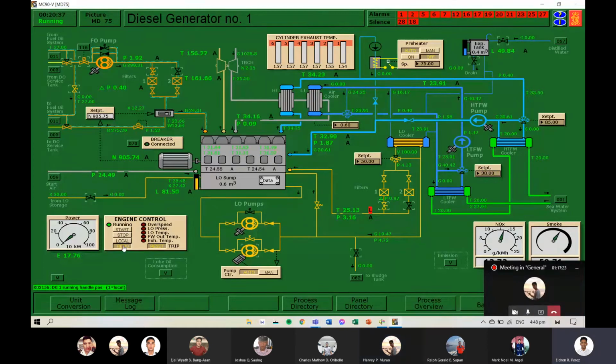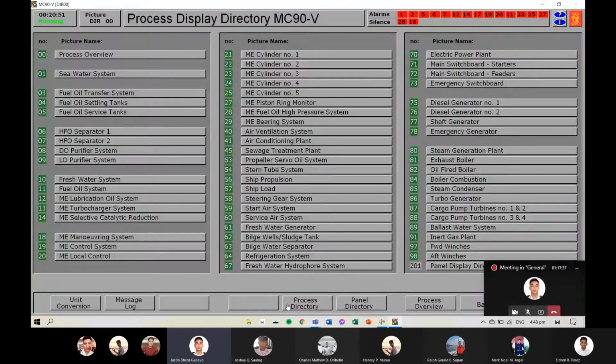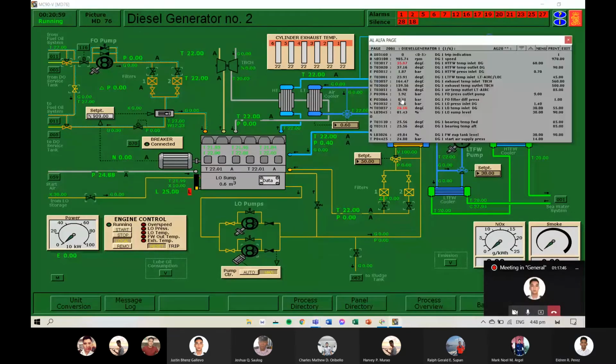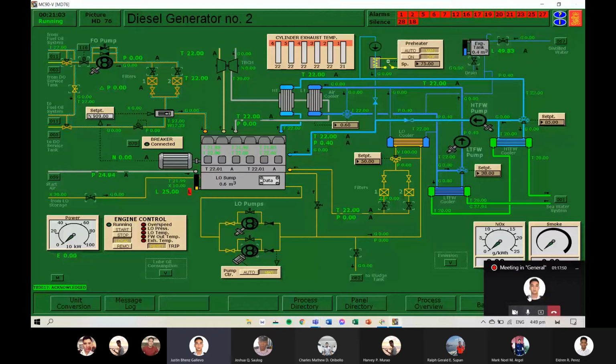Done. And now here is Midshipman Gallevo to tell the procedure in preparing the diesel generator number 2. Chief Engineer Perez, sir, go to MD76 diesel generator number 2. Next. Chief Engineer Perez, sir, check the lube oil sump tank level.